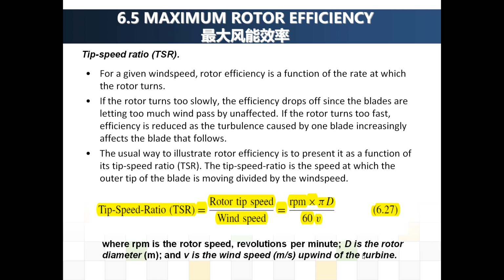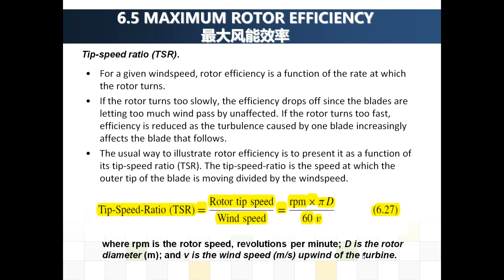For a given wind speed, rotor efficiency is a function of the rate at which the rotor turns. If the rotor turns too slowly, the efficiency drops off since the blades are letting too much wind pass by unaffected.